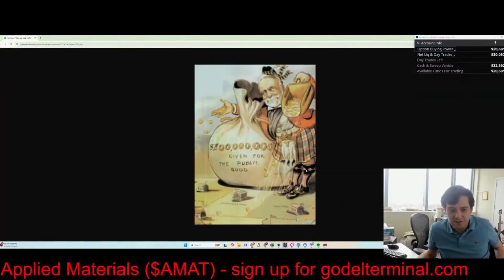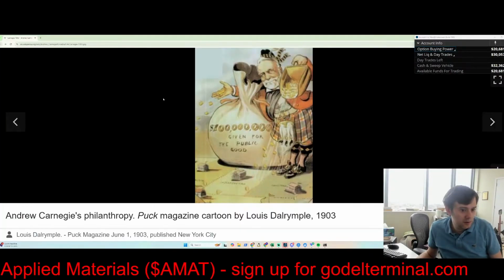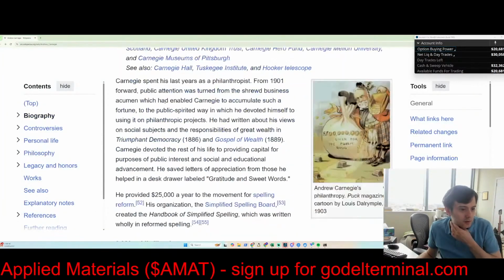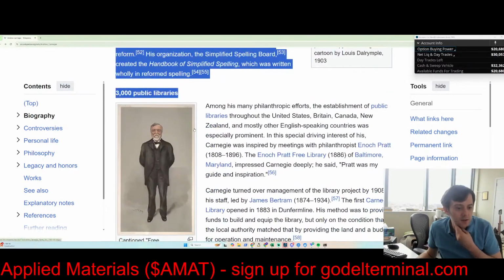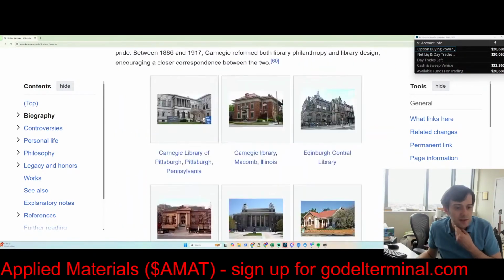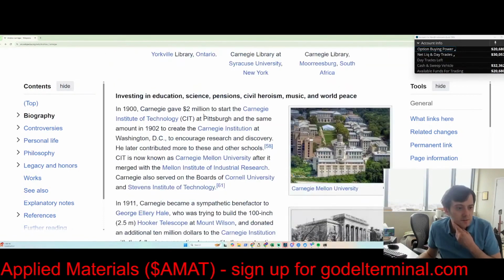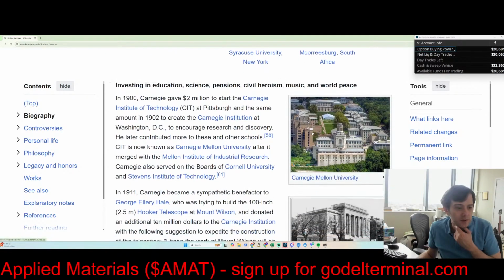There's Carnegie, who was Scottish, so they got him in the kilt. Giving out $100 million for the public good. Pretty cool. 1903 cartoon. $3,000 public libraries. About as based as it gets. Carnegie Mellon University.